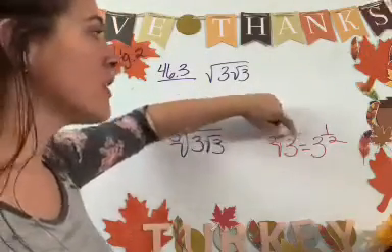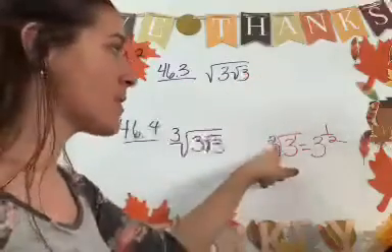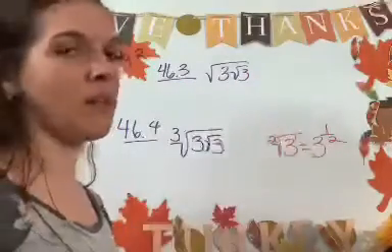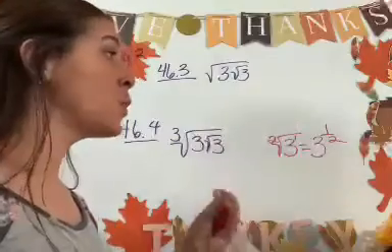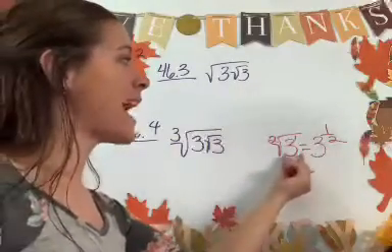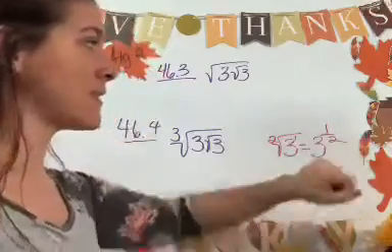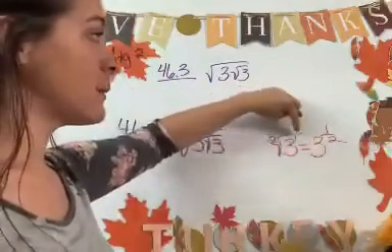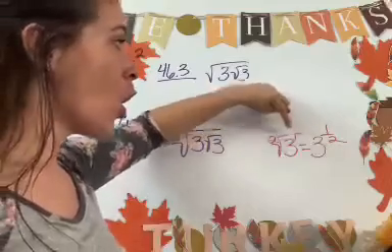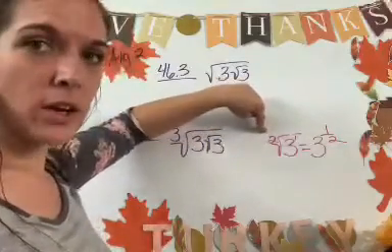But both of these are invisible because it's just understood that if you have this symbol, it's a 2, and if you have this, there's a 1 right there in any number. But if you want to write that same exact number as a number with a fractional exponent, it's going to be 1 over 2. It's going to be the inside exponent here over the outside exponent here, okay?